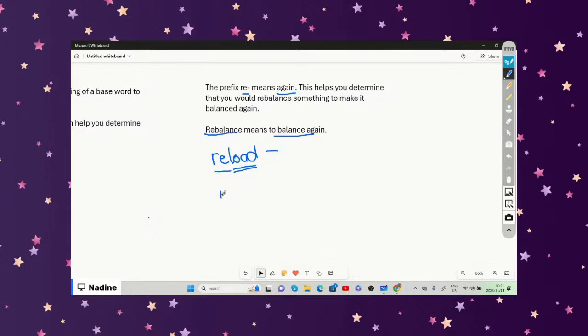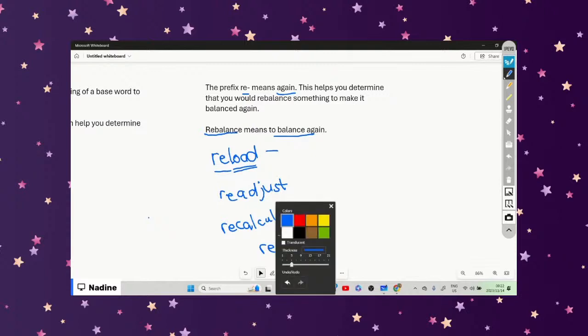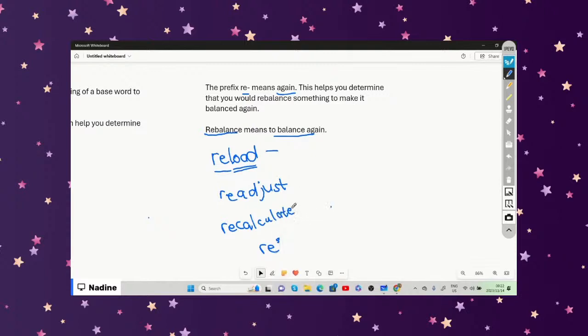Then we have also readjust, recalculate, and reassemble.